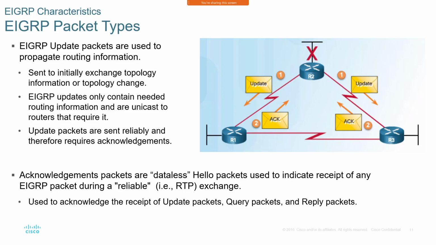How about the updates? EIGRP update packets are used to propagate routing information. Once something happens, once there is an event, once there is a new network in the router itself, once we configure a new network to be advertised using EIGRP, the router will send an update.